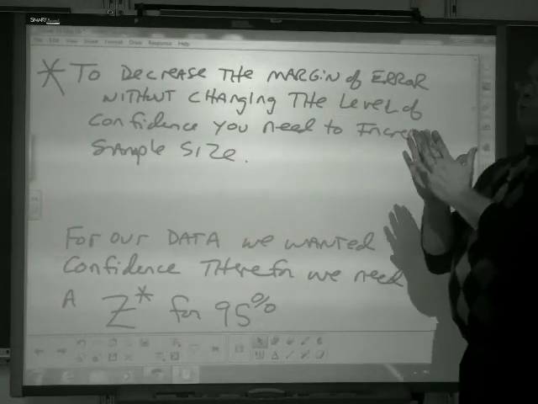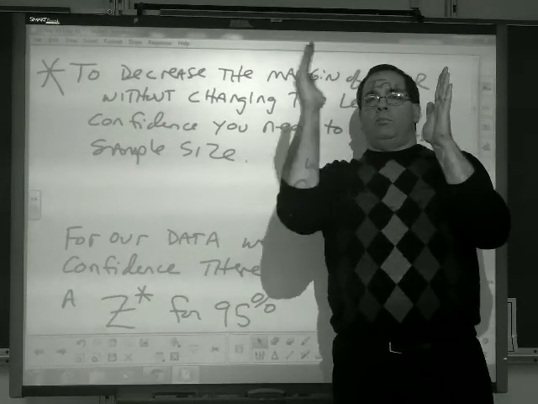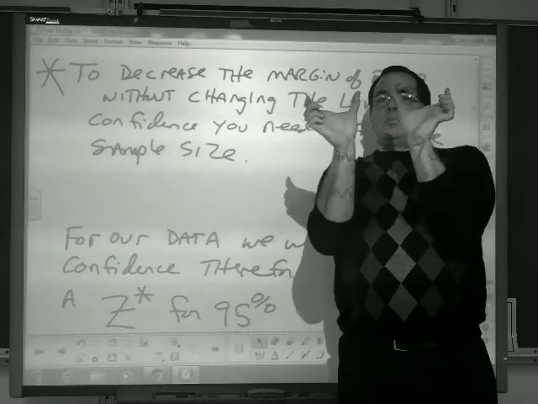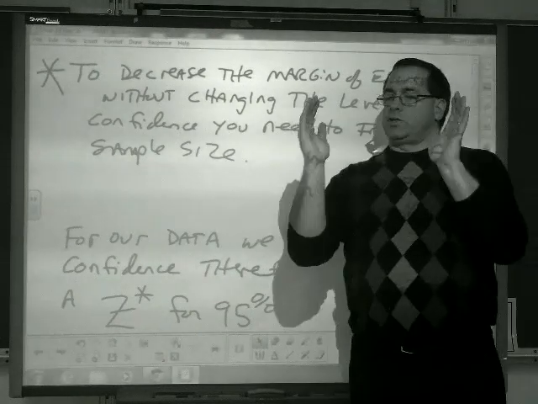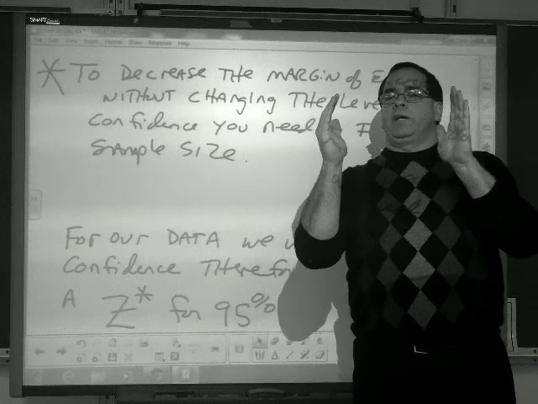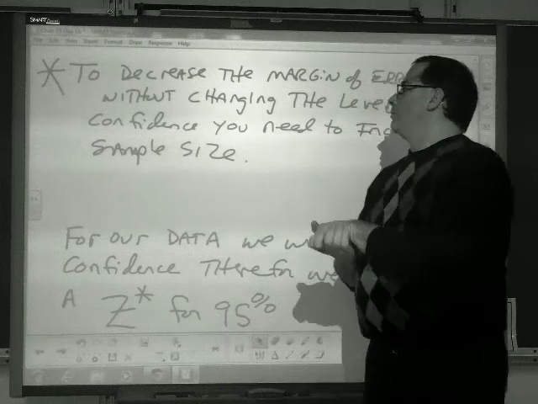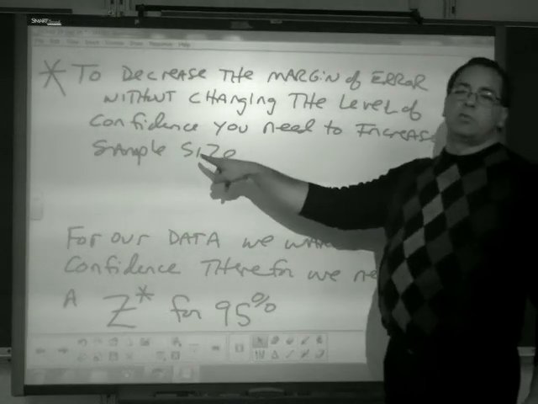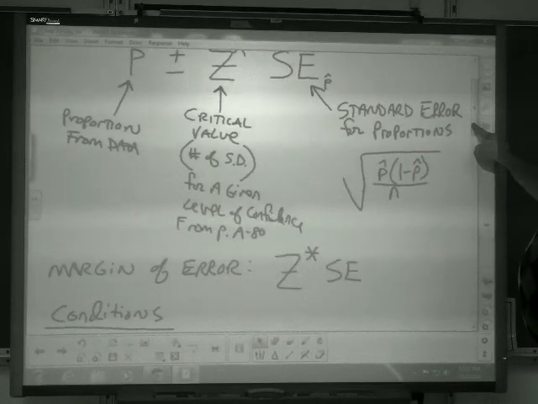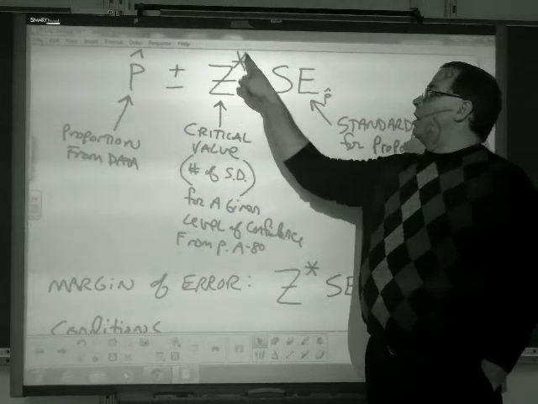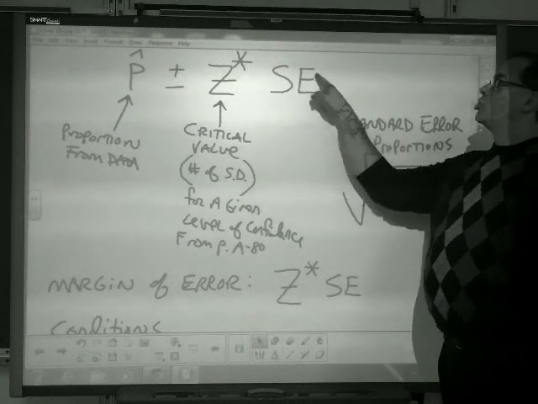Now, a couple things. If you want to decrease the margin of error, so you've got p-hat plus or minus a certain value, the plus or minus part is your margin of error, without changing the level of confidence. Remember I said if you want to be 100% confident, you have to make it wide. But I want to bring this in without changing my confidence level. You need to increase sample size. So if we go back to this formula, if I don't change this number, because that's my confidence level, how can I get this number to be smaller?